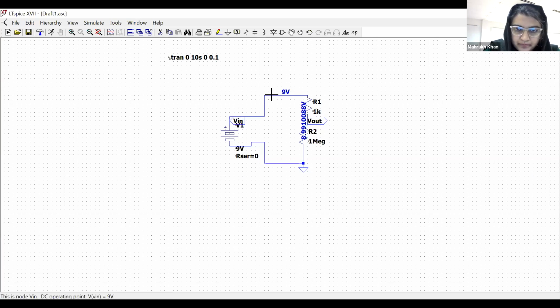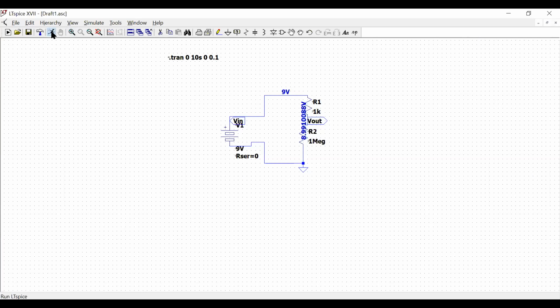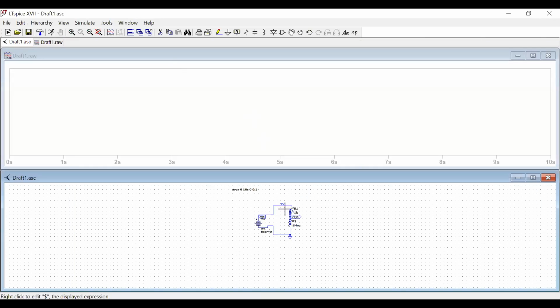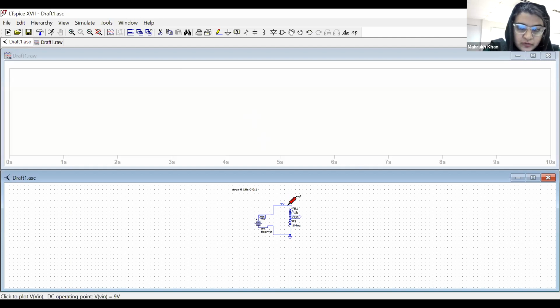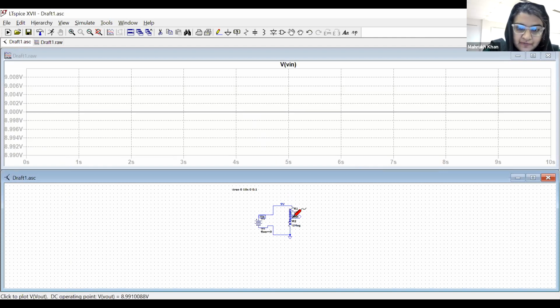What do you think? Because V in is the source of the power, and so it's going to get used up. Yes. So it's showing me the negative value because it's supplying the power, right?